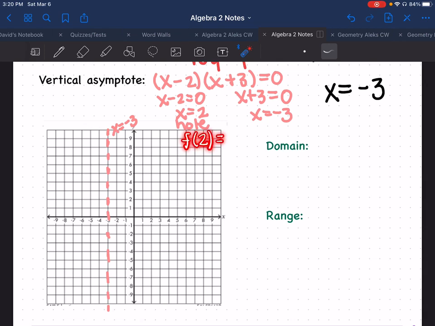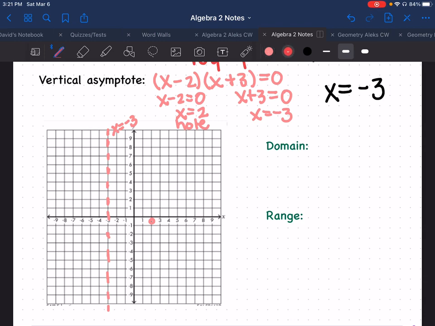Now you could do this in Desmos, but really 2 minus 6 over 2 plus 3 would be -4 over 5. So there's going to be a hole right there. I'm going to do the best I can to make the hole, something like this. There's going to be a little hole in my graph. I tried to draw an open circle, guys.